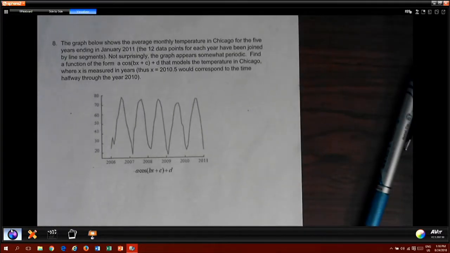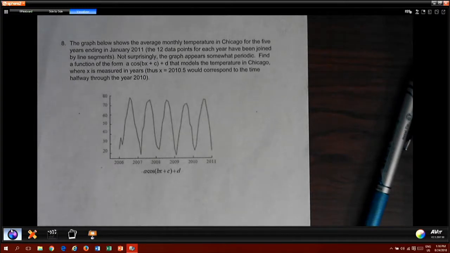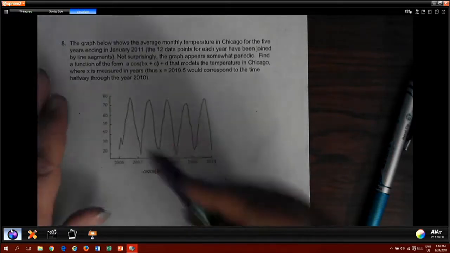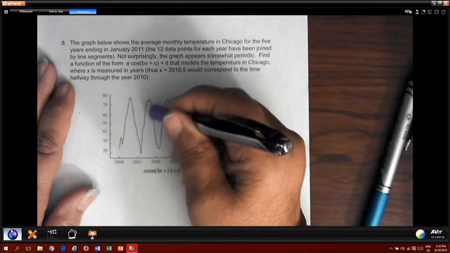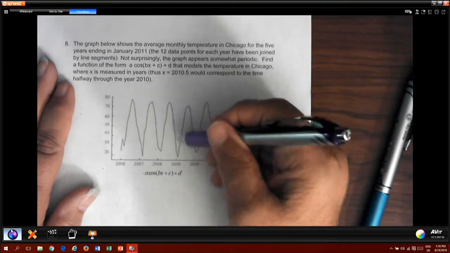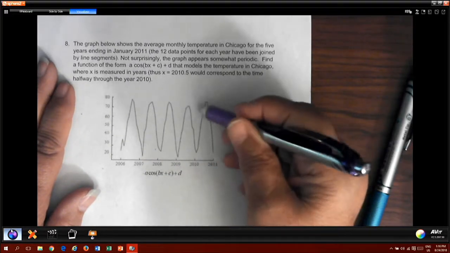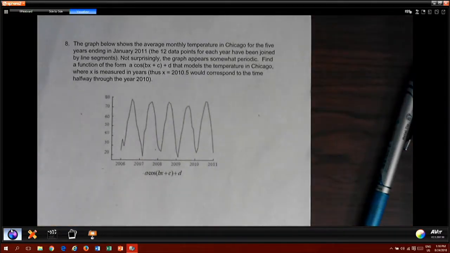Here we have the average monthly temperature in Chicago for the 5 years ending in January 2011. So this is 06, 7, 8, 9, 10, 11. And the 12 data points for each year have been joined by line segments.